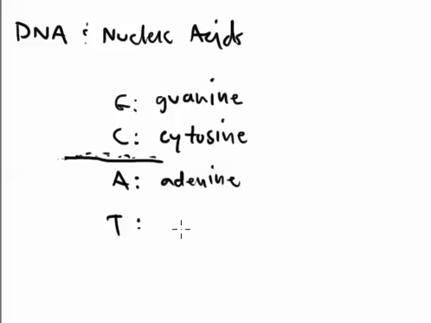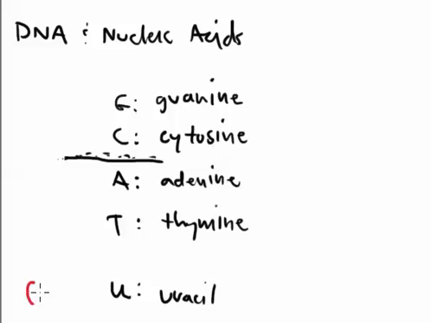And the T stands for thymine. Now, we do have a fifth one, and this fifth one is going to be a U, and that is going to be called uracil. And I'm going to put in parentheses right here beside of this, this is for RNA only.